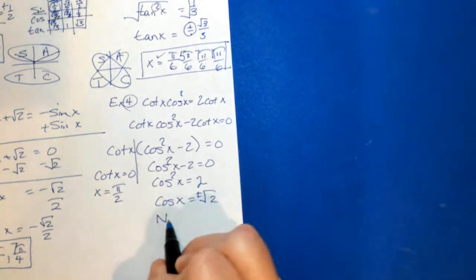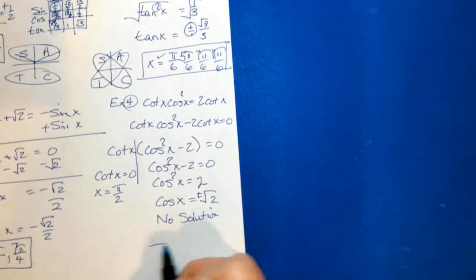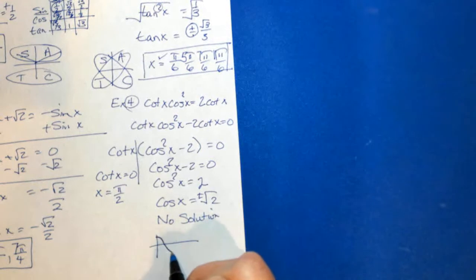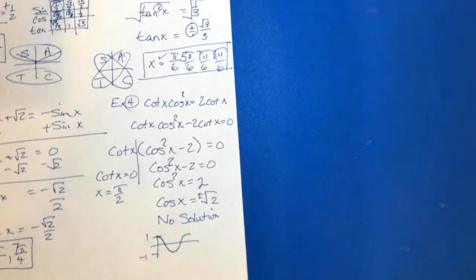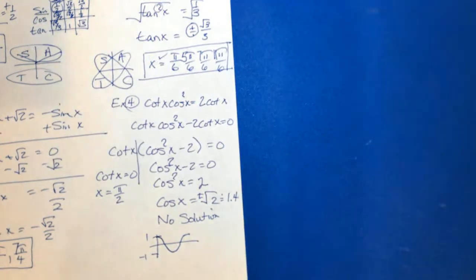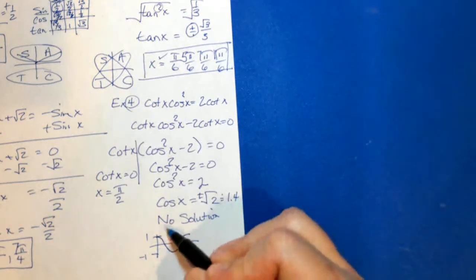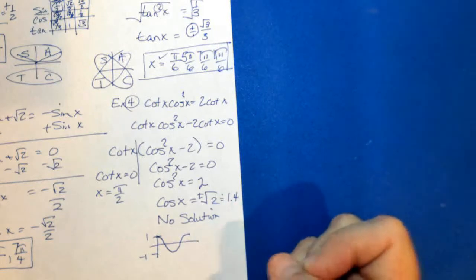And the answer is never. Because remember, cosine only goes between 1 and negative 1. Square root of 2 is approximately 1.414. So the cosine will never be square root of 2 ever.